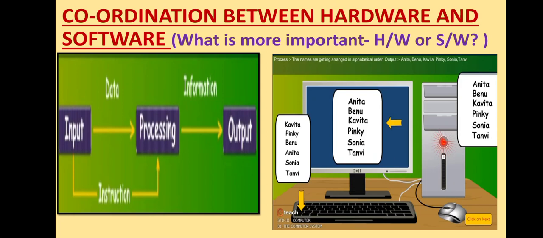So in this way, while doing any work, there will be coordinated efforts between hardware and software. So in this way, as I said, both hardware and software are equally important in the computer.